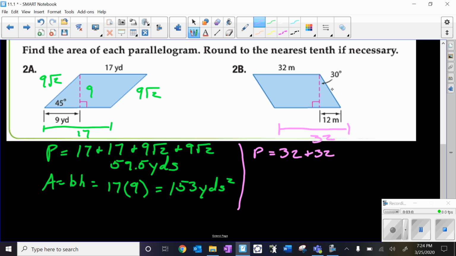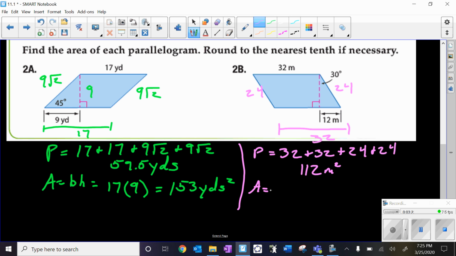You're trying to get to the hypotenuse, so you need to double it. 12 times 2 is 24. So these side lengths here are 24. 32 plus 32 plus 24 plus 24. That is going to get you a perimeter of 112 meters squared.